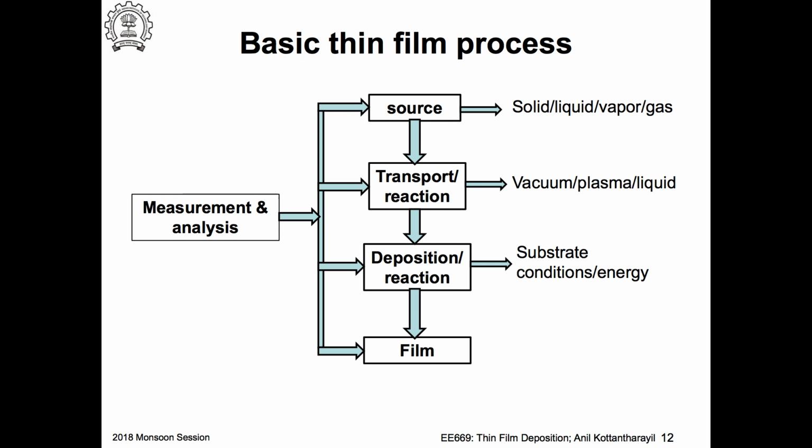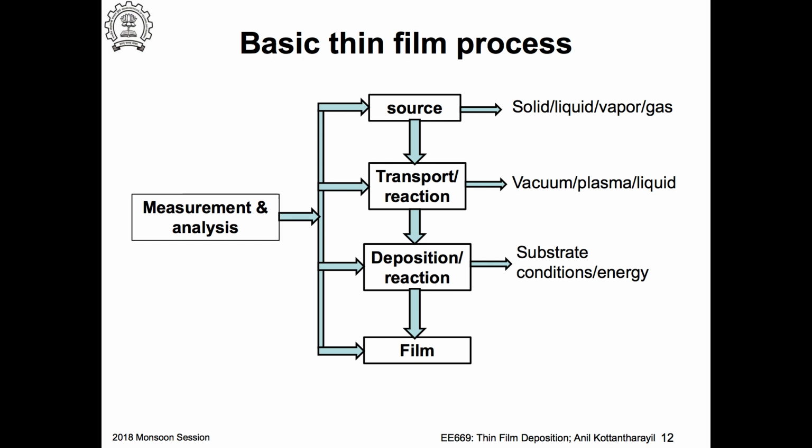So we have a source, and then you transport the material from the source, and on the way it may react, and then you have a deposition, with maybe a reaction on the surface that forms the film.